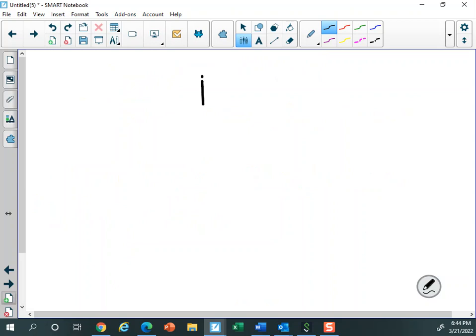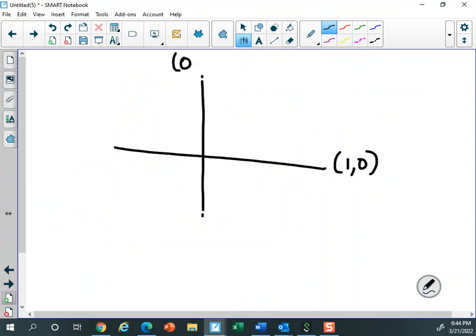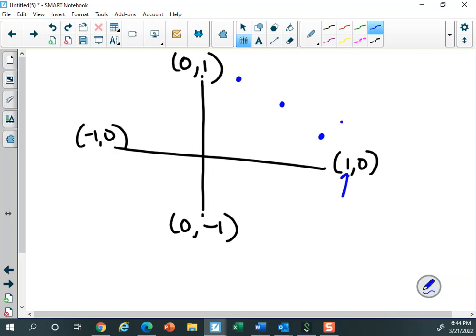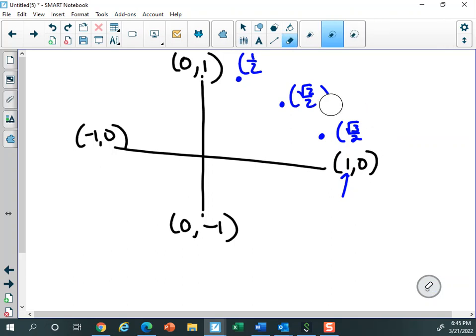Once again, I kind of think about it. These are easy to do. No, I'm right. Okay. And then 1, 2, 3. If you're starting here, your x is getting smaller. Your x is getting smaller.